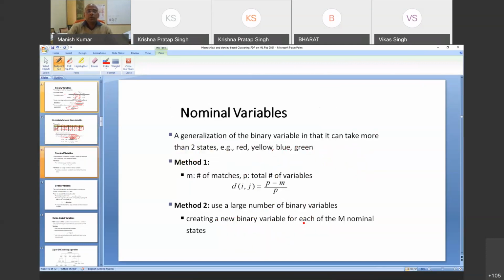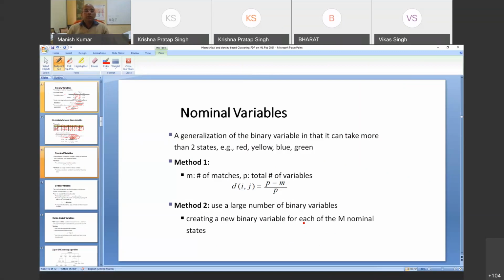Then there are nominal variables, which are a generalization of binary variables, where you are not strict with just 2 states, such as yes or no, or negative or positive, but it can take multiple states. For example, if I am going for color, it can take red, yellow, blue, green and so on. There are 2 ways of doing it.